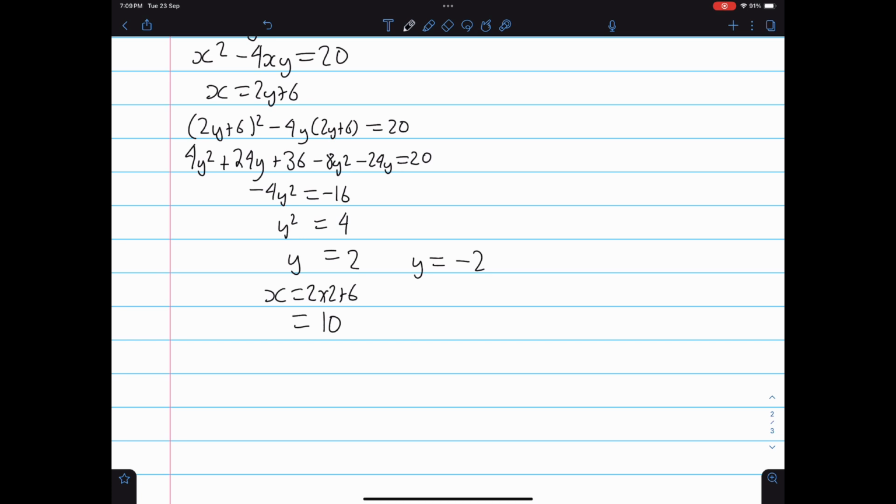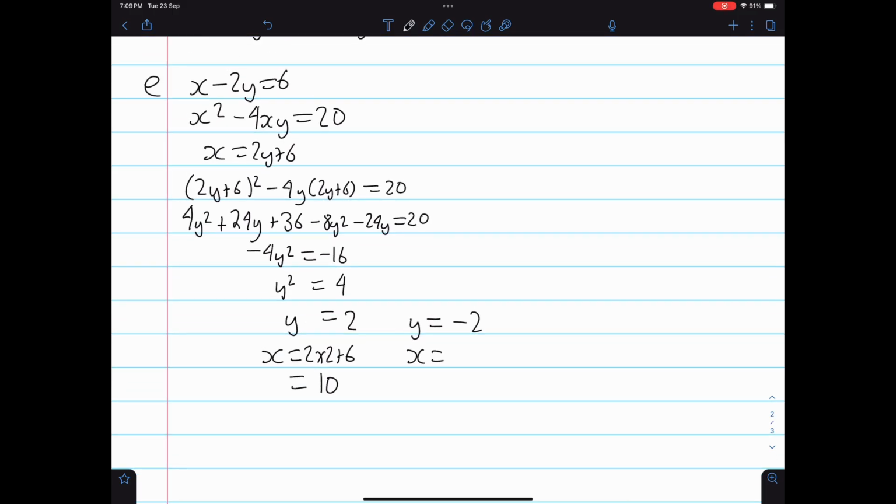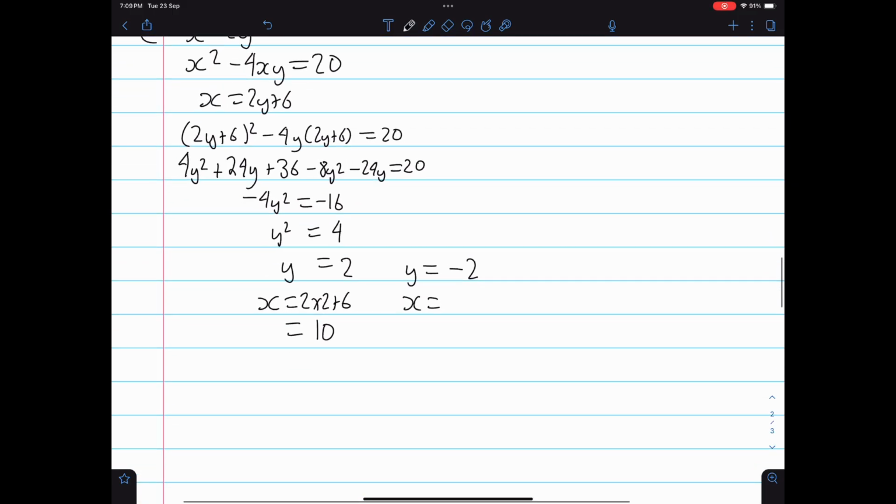Or x equals 2 times minus 2 plus 6, which is 2. So we get 10, 2 and 2, minus 2.